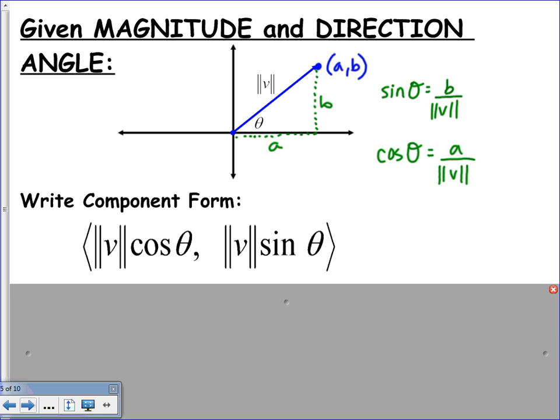If I wanted to know what A or B was, I could solve by multiplying both sides by the magnitude. The magnitude cancels on this side, and so we have A, the horizontal component, is the magnitude of v times the cosine of theta, which is true in our component form. And the same for B: the magnitude of v times sine theta.